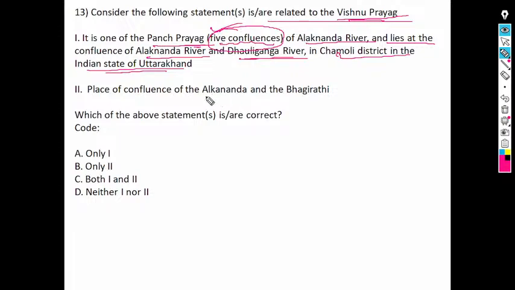Vishnu Prayag is a place of confluence of Alkananda and Bhagirathi: this is wrong. The other statement is correct. Only one is correct.